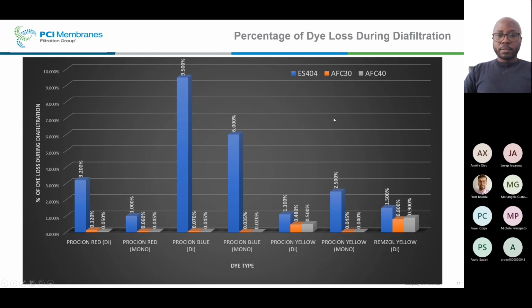In most cases, for the AFC 30 and AFC 40, we are mainly below 1% loss. Slightly higher dye loss is accounted for the ES404, but of course, this can also be recovered and reprocessed with the membrane technology. I'll be talking about this later on.